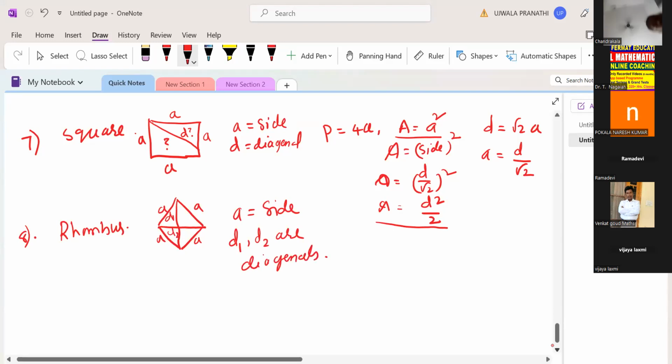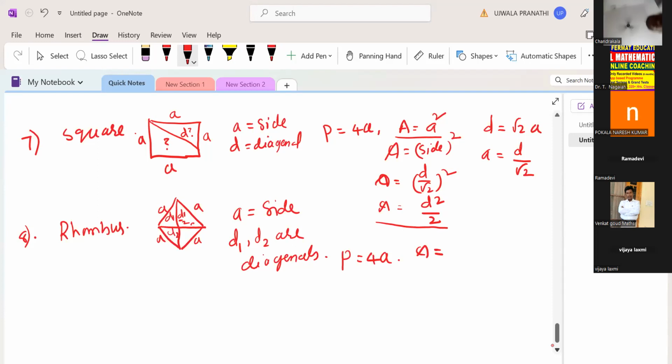Now, what is the perimeter of the rhombus here? P is equal to 4A. Now, area is the important one. What is the area of a rhombus? The property of a rhombus is that the two diagonals divide the rhombus into four congruent triangles. Each area will be the same. If this total is D1, this is D1 by 2.